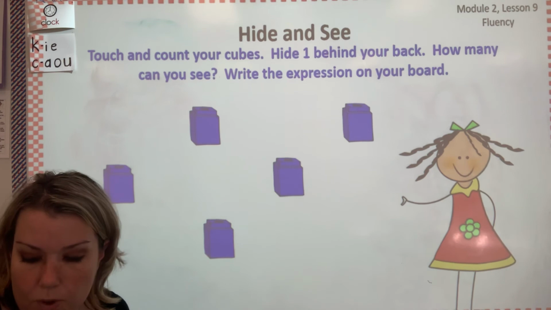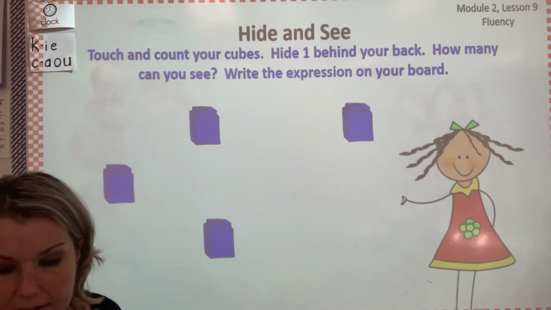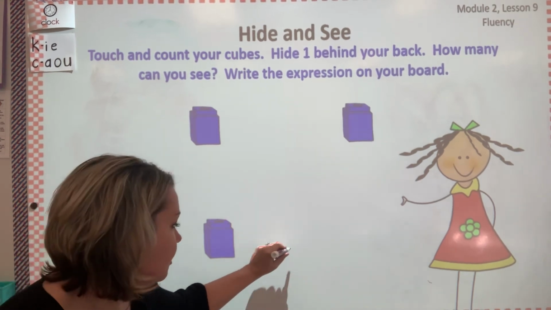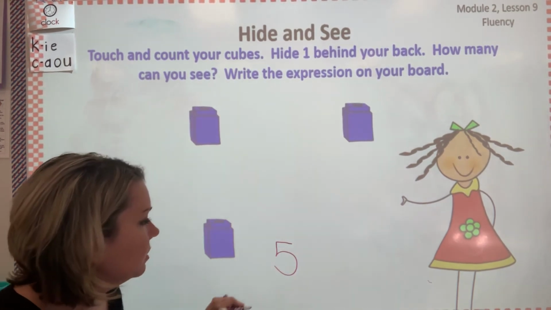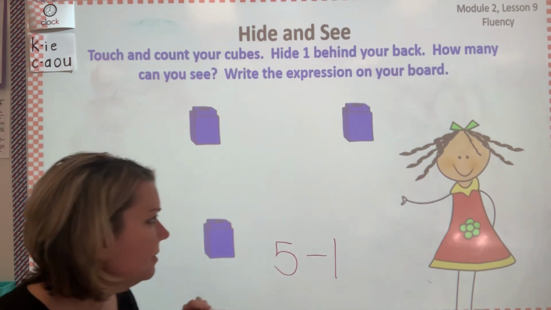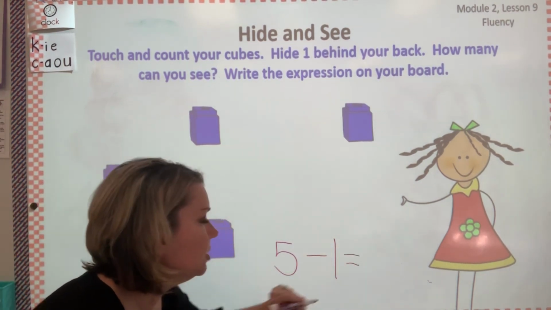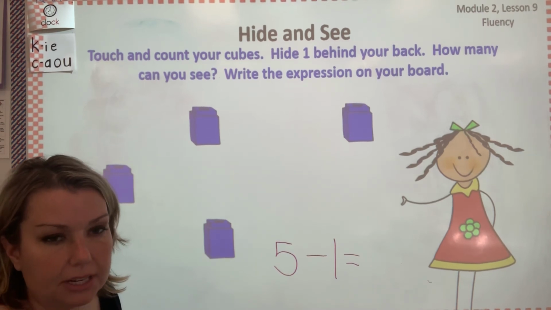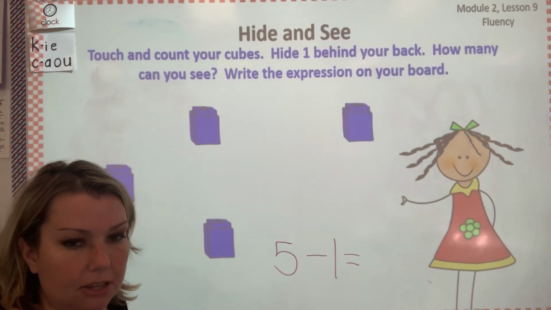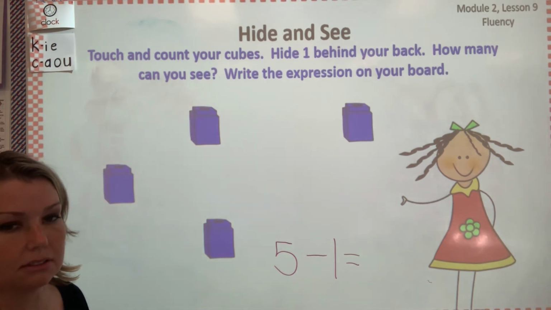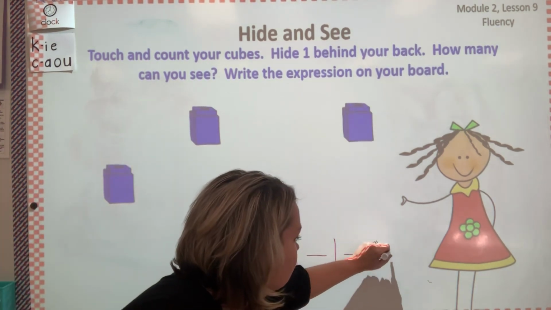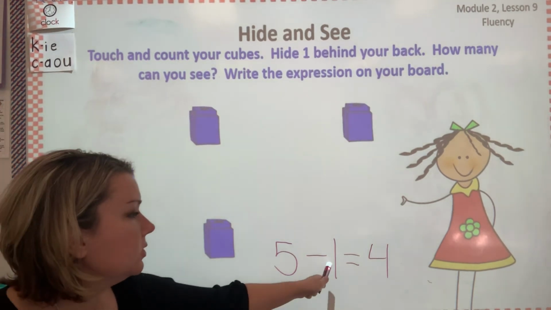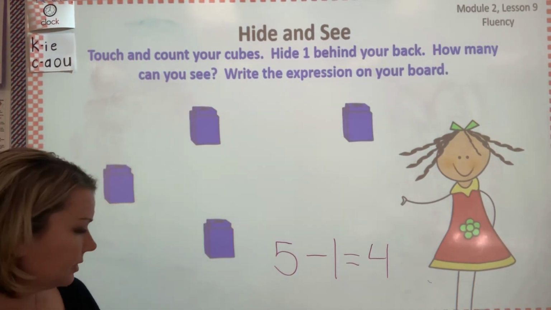All right. We're going to hide 1. Let's write that expression. How many cubes did we start out with? 5. We took 1 away. How many cubes are left? Show me with your fingers. Alan, I want to see. Show me with your fingers how many cubes are left. 4. 4 cubes are left. 5 minus 1 equals 4.